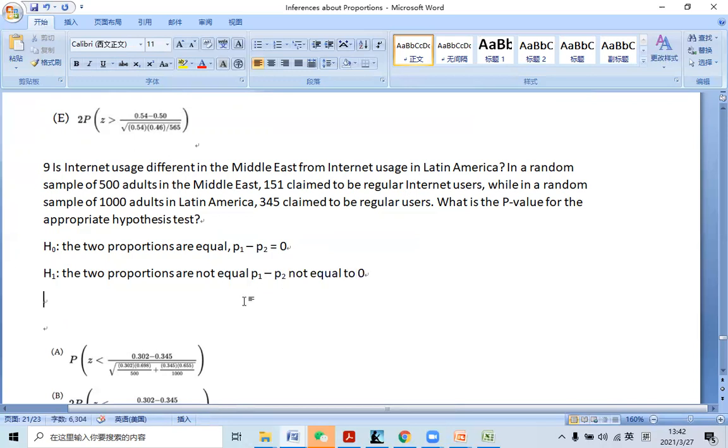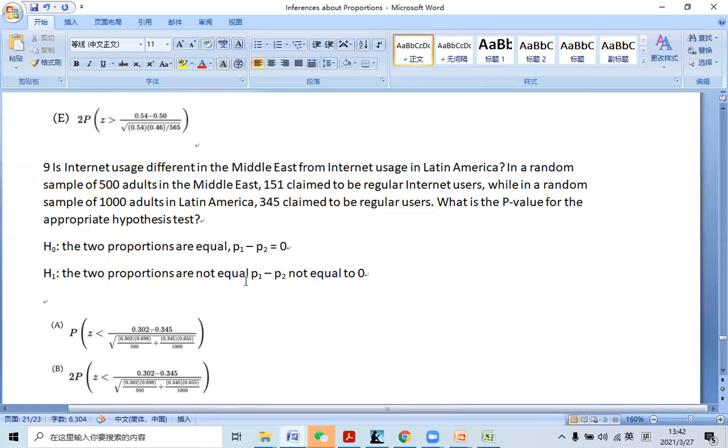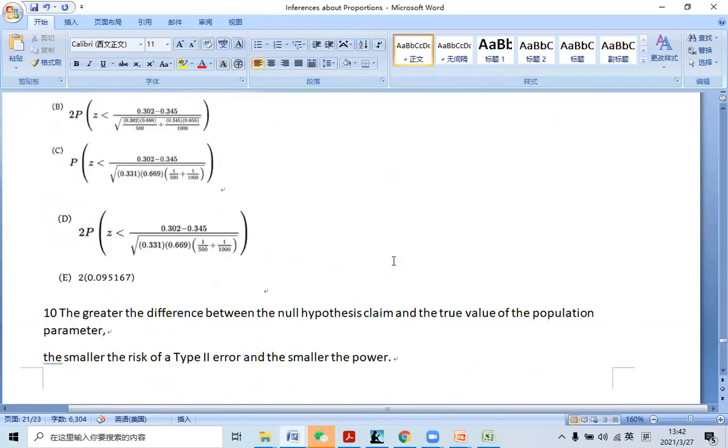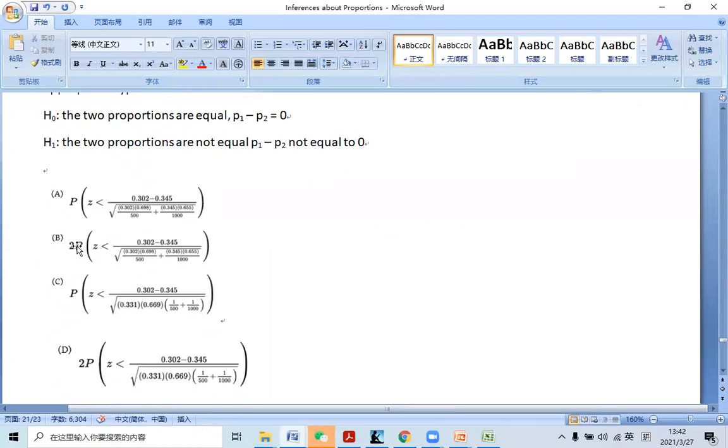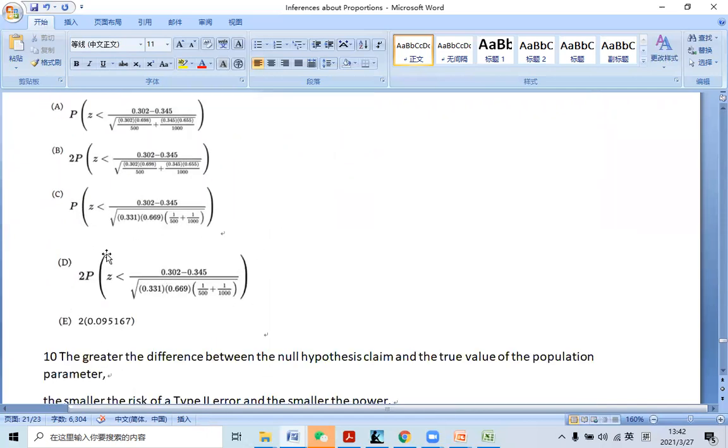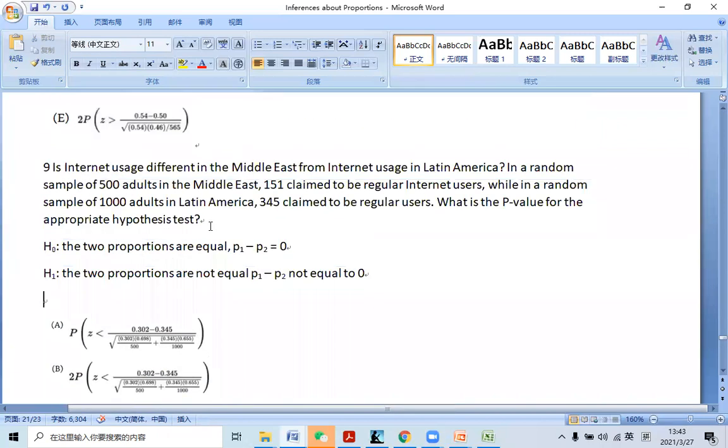In other words, we are making a non-directional prediction. When you're making a non-directional prediction, you should do a two-tailed test. In other words, you are concerned about the two tails of the normal curve, on the left and on the right. So the p-value should be times 2. You eliminate all the options that don't have the two in there.